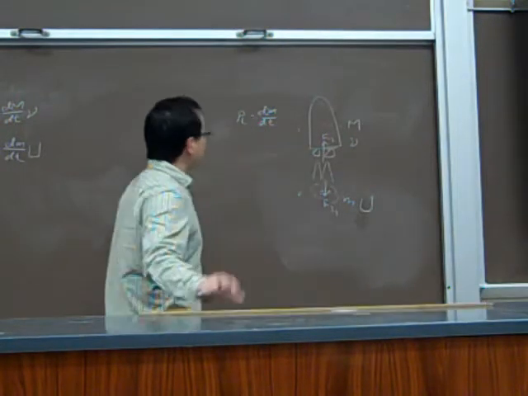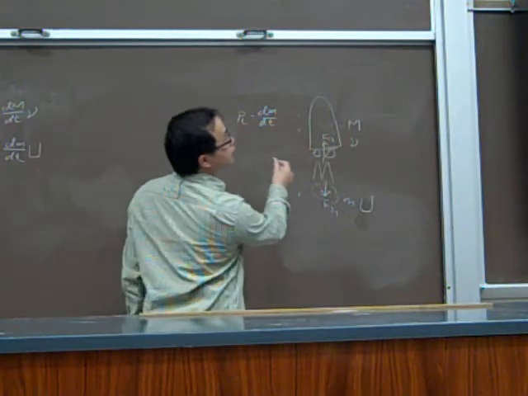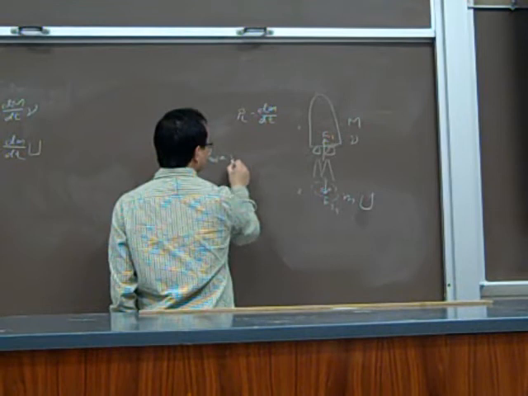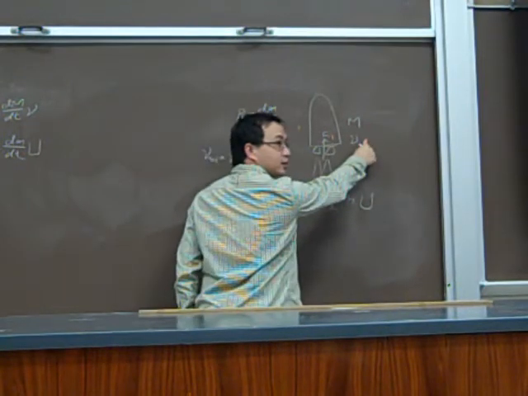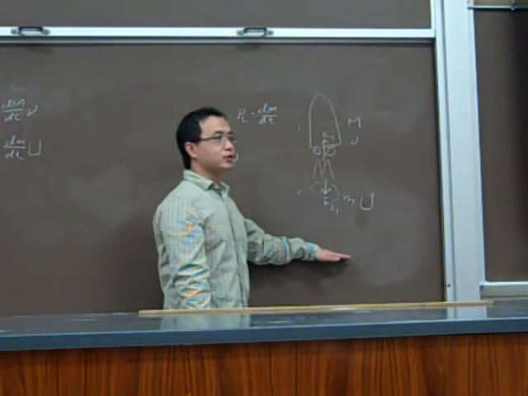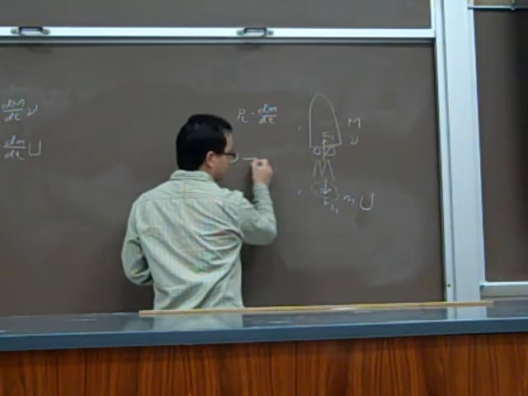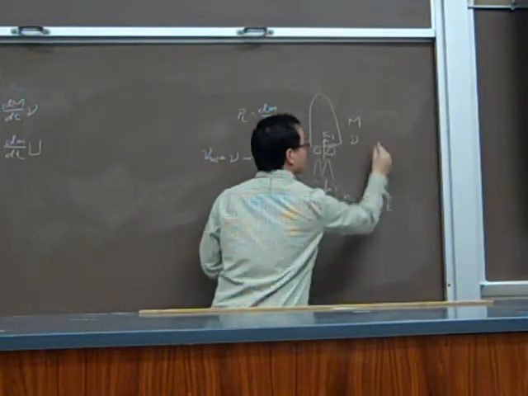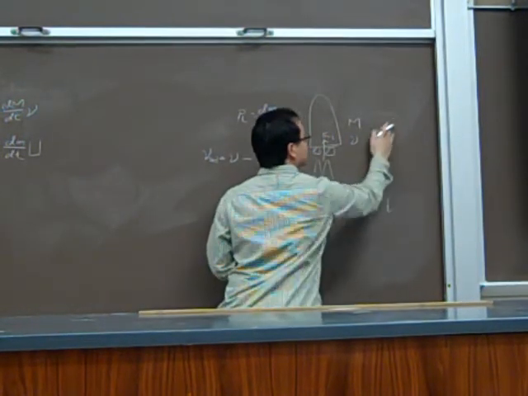That velocity should be v, the velocity of the rocket relative to the ground, subtract u, because u is in this direction and v is in this direction, right?